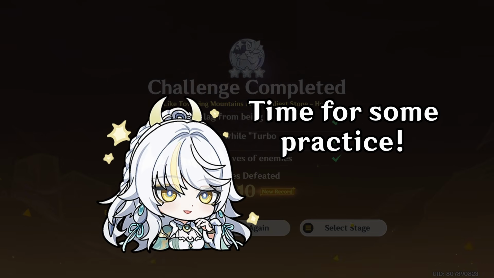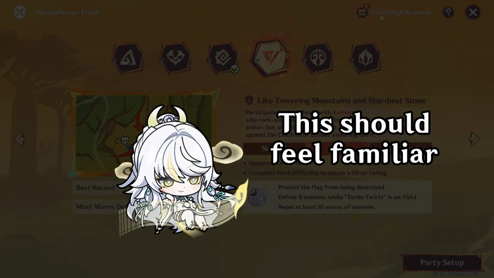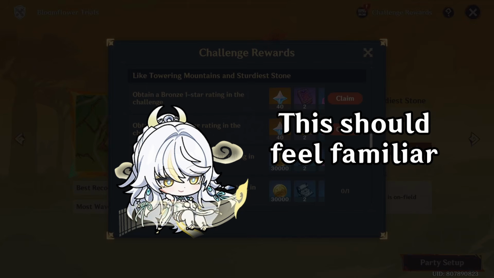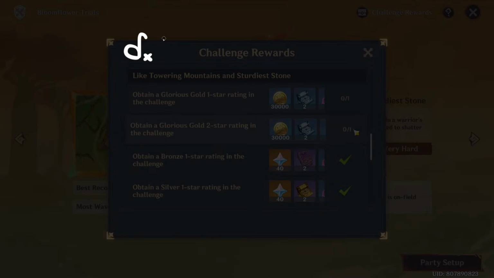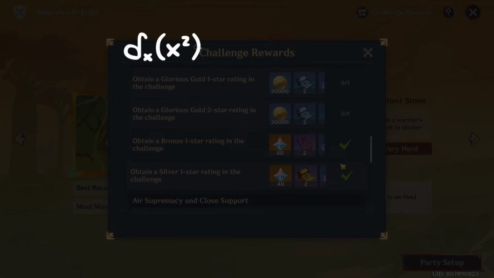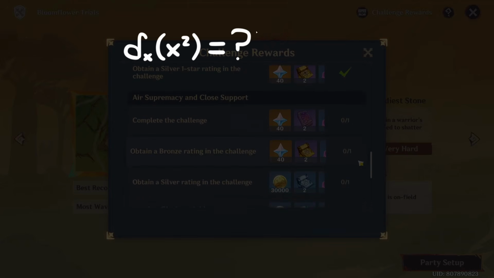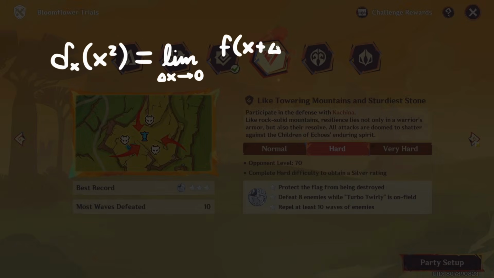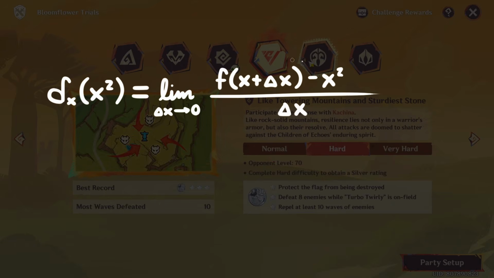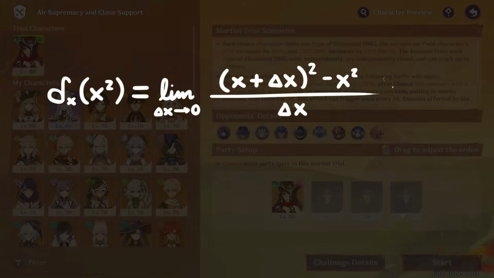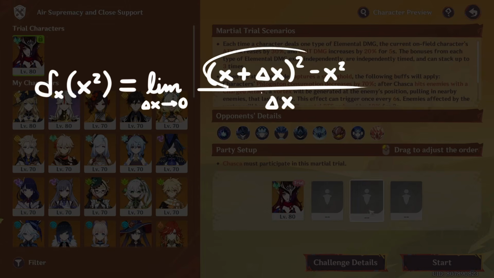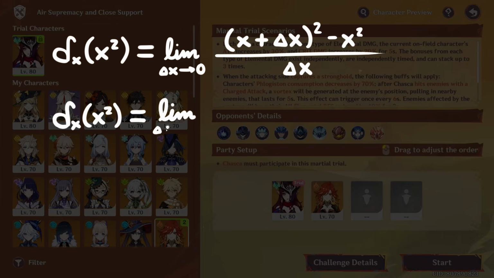Let's have two examples. For the most part, this is just doing limits, so it should feel familiar. Here's a classic one. What is the derivative of x squared? To calculate it, we need to make use of the definition of the derivative. First, we expand the x plus delta x squared term.